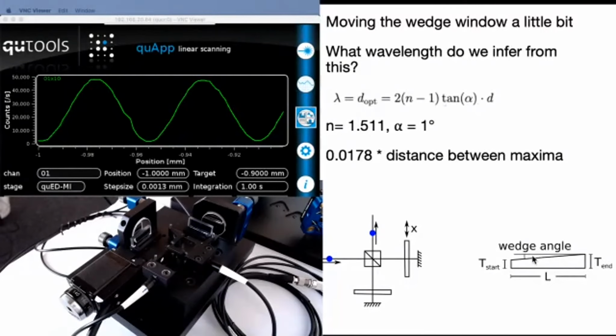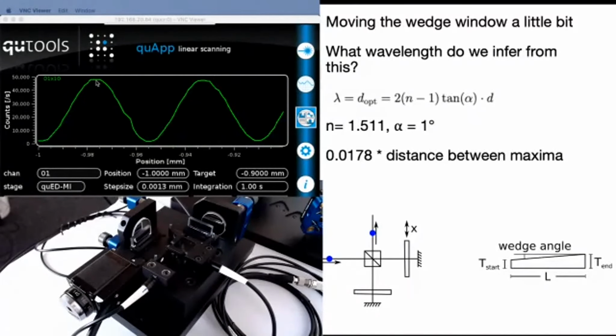Then you have the angle of this wedge, and you take the tangent of this, and then you have the change of the thickness of this wedge window. And d is the distance between the maxima of our interference pattern, which is what we see in this picture.